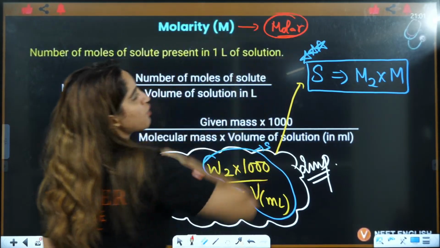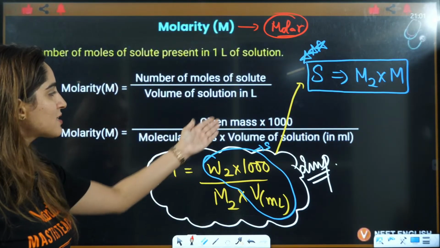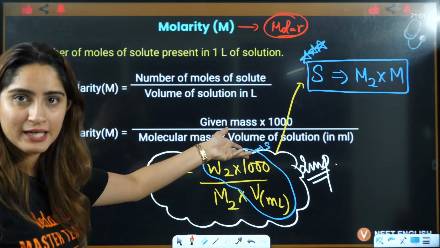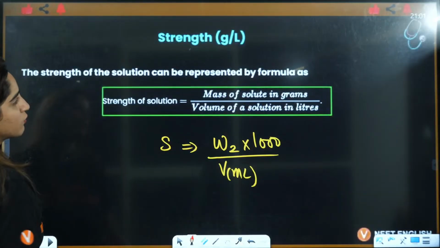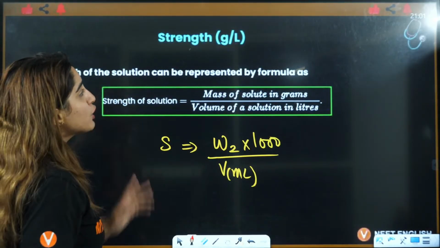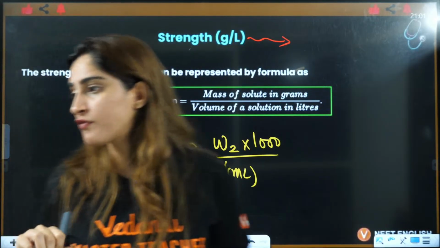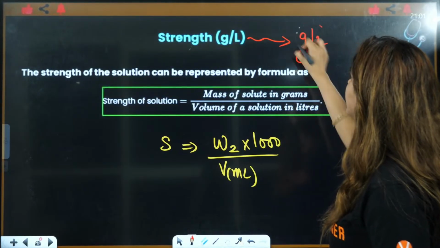These are the units of molarity, because if you see this here, the mass and mass will cancel out. It will become per liter or per milliliter only. But can you tell me what are the units of strength? Units of strength are gram per liter.